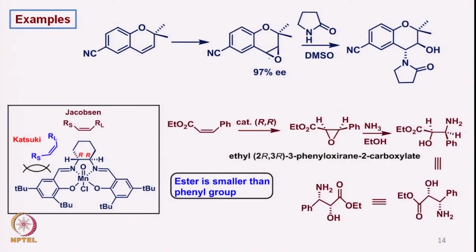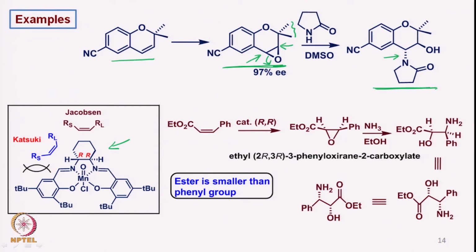The Jacobsen-Katsuki based reaction: if we take an olefin of this kind, it gives the epoxide that is formed using this oxo complex, and as one can anticipate, this is a sterically hindered position because of the two geminal dimethyl groups, and therefore the opening occurs from this side, with the nucleophile from here, and a carbon-nitrogen bond is formed here from the alpha side, because the epoxide is beta, and therefore such a product is formed.